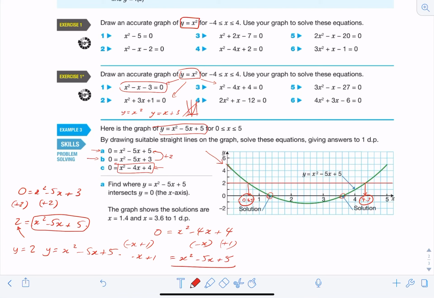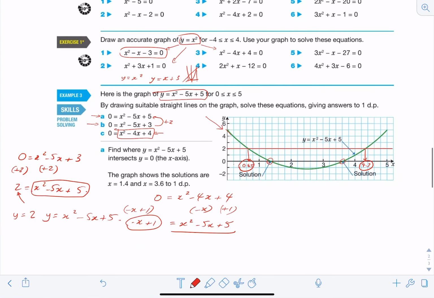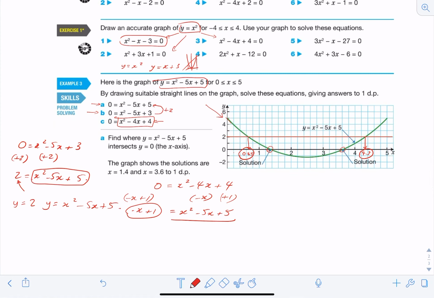I know what this graph looks like. It's the green line. But I need to draw on this line in order to find my solution. Okay, so hang on. Here we go. Right, so we've got negative x plus 1. That's my y-intercept.